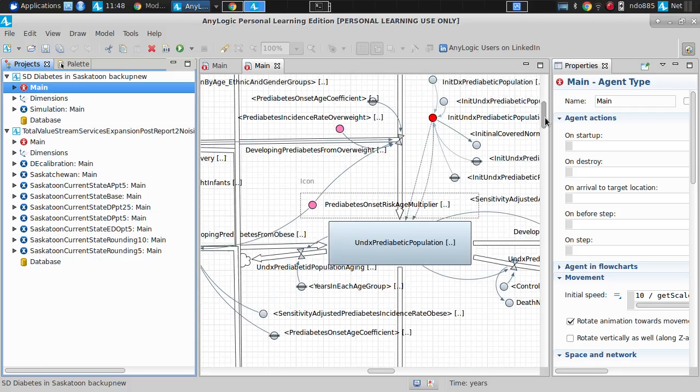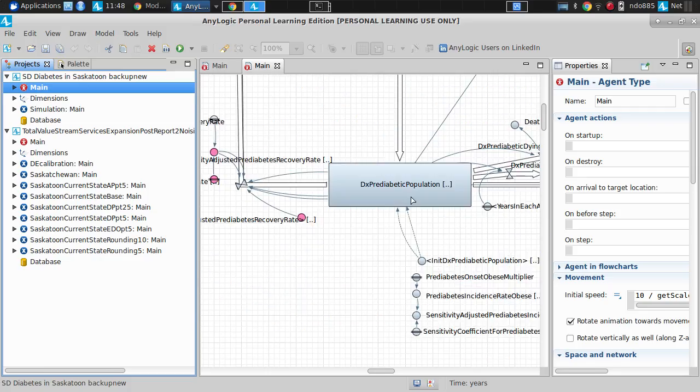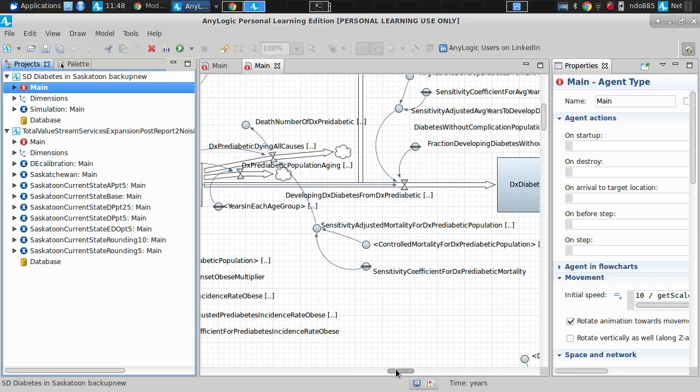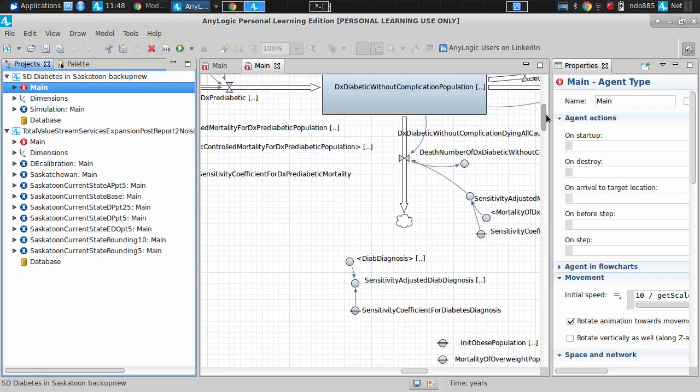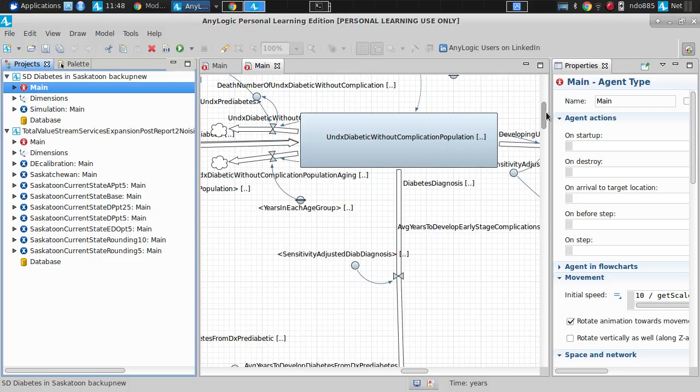So here we have an undiagnosed pre-diabetic population, and we have a diagnosed pre-diabetic population underneath that. To the right of that, we have a diagnosed diabetic without complications and an undiagnosed diabetic.